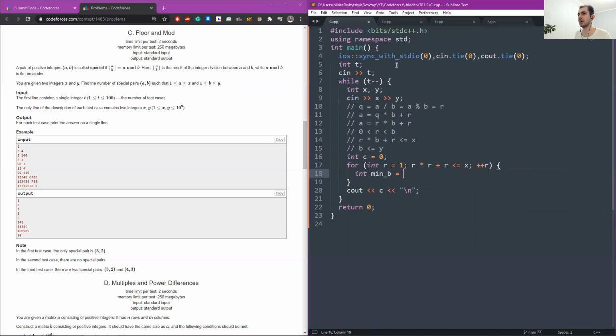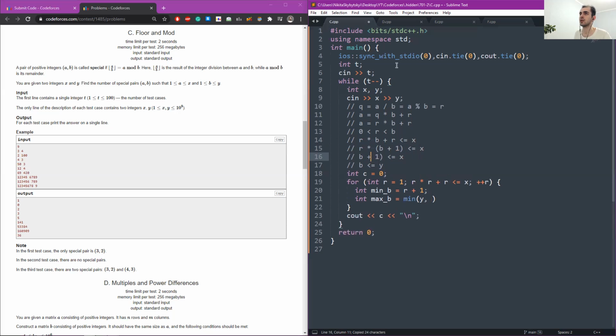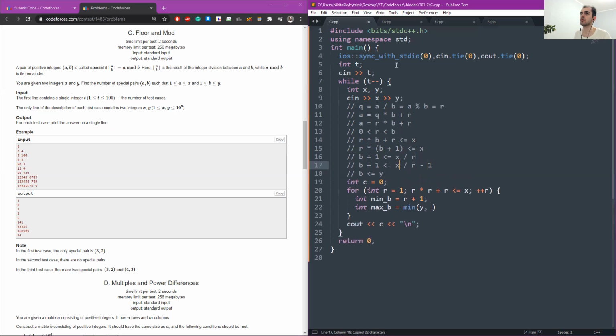Now you see minimum B is R plus 1. And maximum B is minimum of Y. And like here, what we actually have is R times B plus 1 is at most X. So you can divide by R and substitute 1.